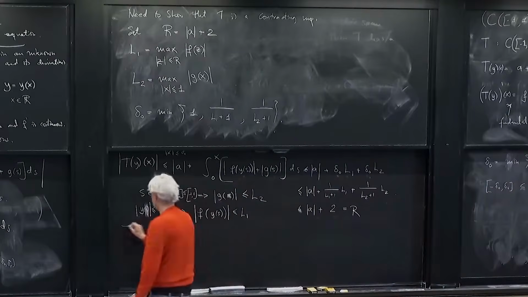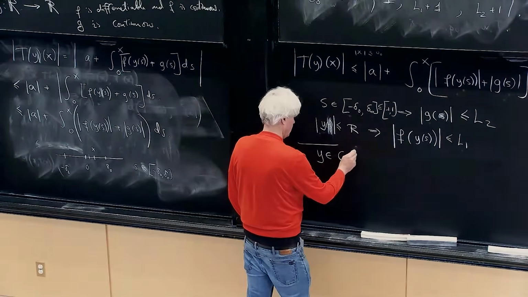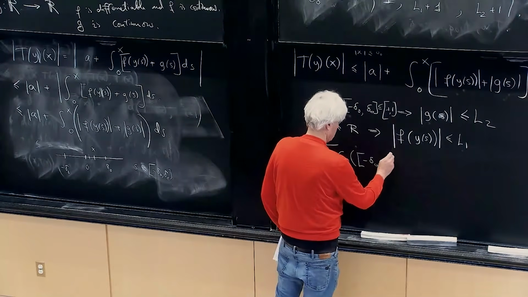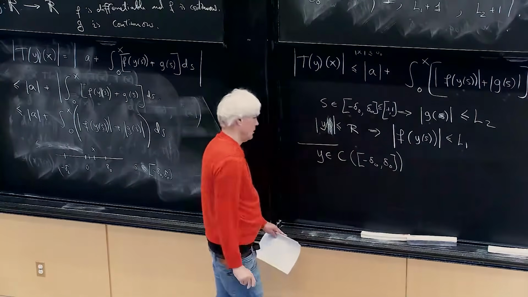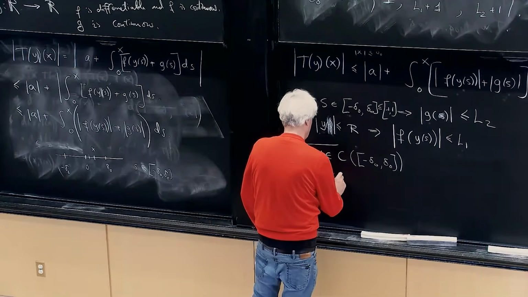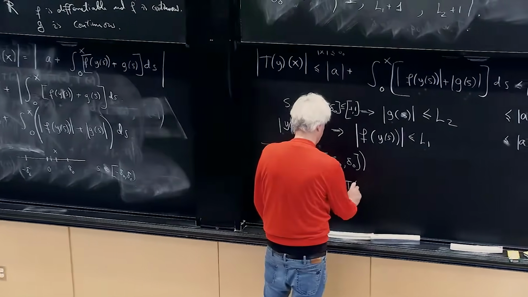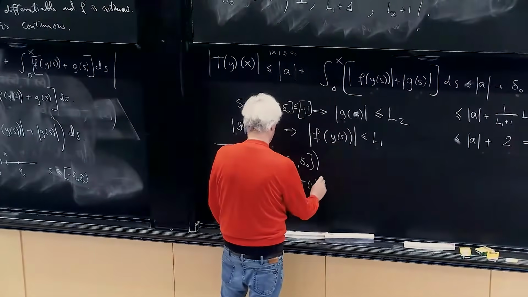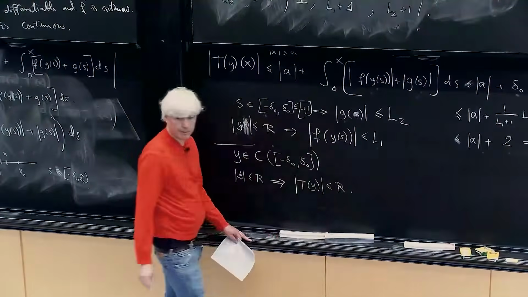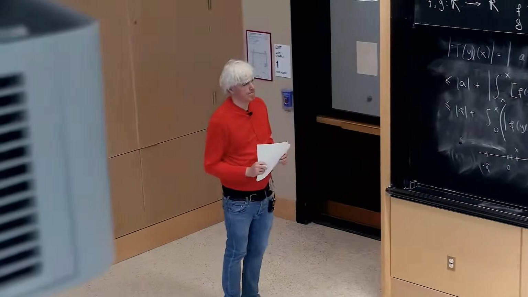So the conclusion here is that if y is a continuous function on this interval, and the norm of y at each point is less or equal to r, well, then you have that T of y at each point is less or equal to r. It's actually strictly less, but we don't care about that.